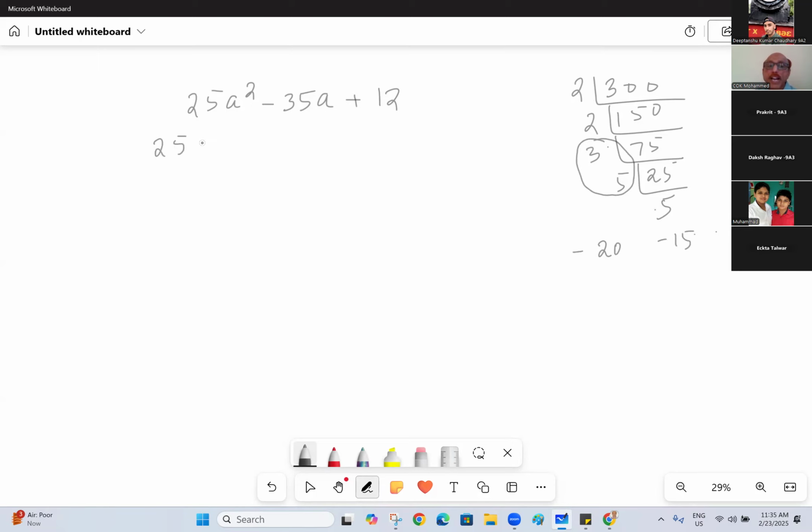So 25a square minus 20a minus 15a plus 12. This is 5a into 5a minus 4. I want 5a minus 4 here as well. So what is outside? Pranil, tell me what is outside.